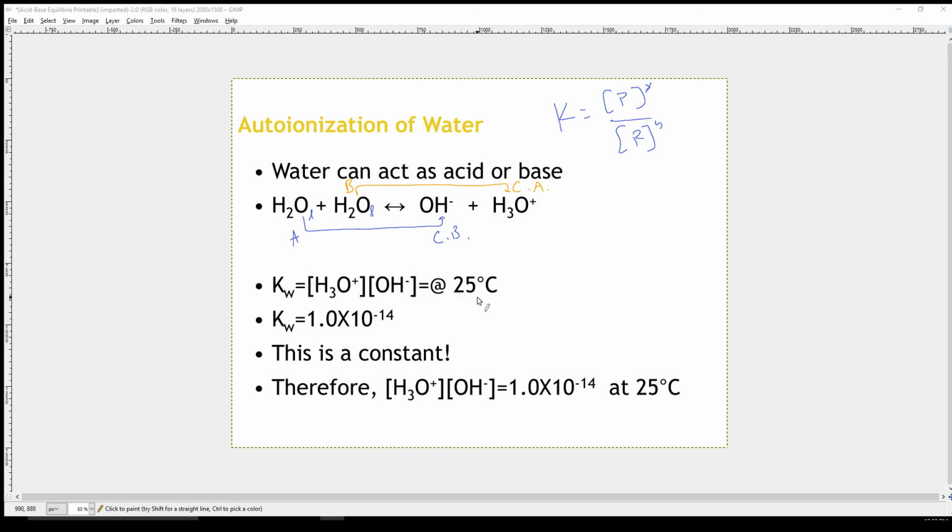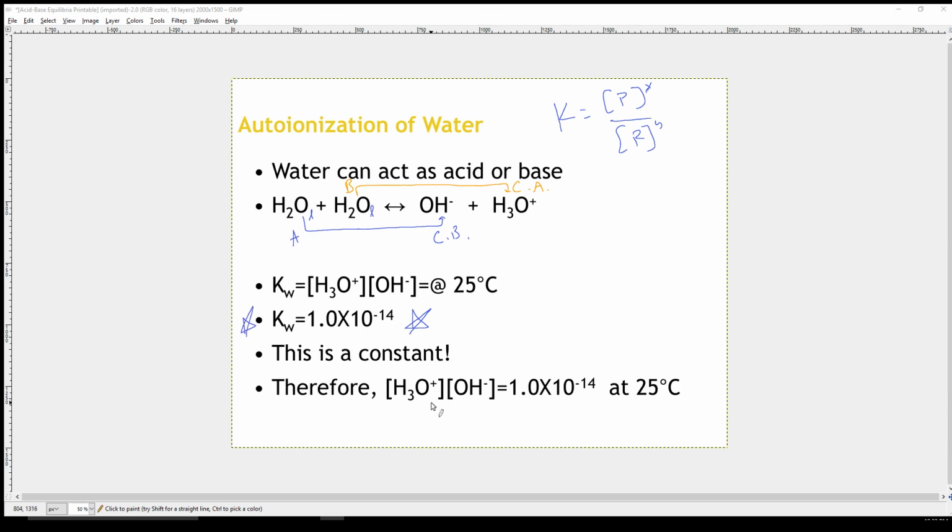And so at 25 degrees C, we know that this equilibrium expression is always equal to 1.0 times 10 to the negative 14th. You are going to use this equation so many times, you will be repeating it in your sleep. So make sure you take note of it.